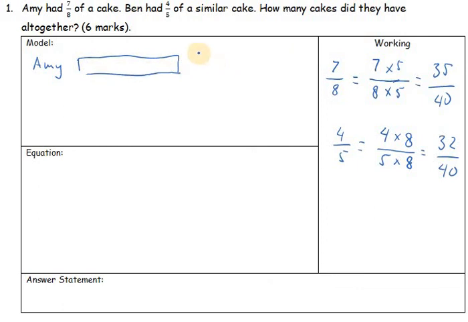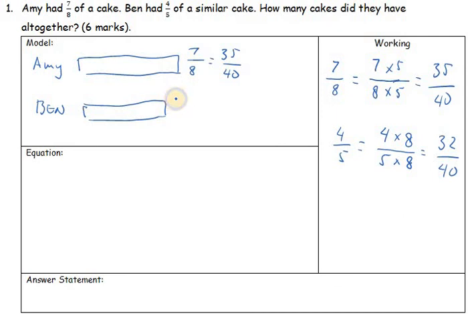Let's write down the original fraction, and then the equivalent fraction out of 40. And then Ben, and the bar for Ben is shorter, right? Why is it shorter? Because we can see over here it is 32 compared with 35.